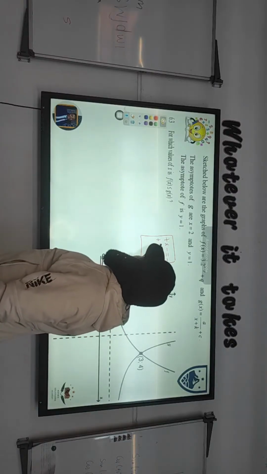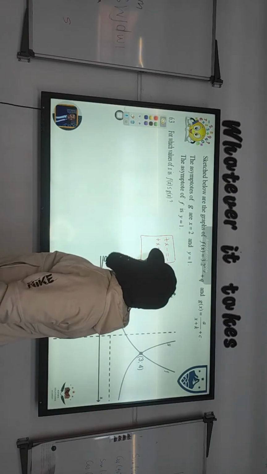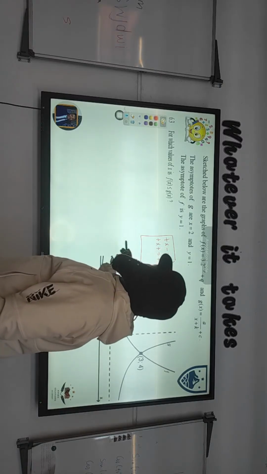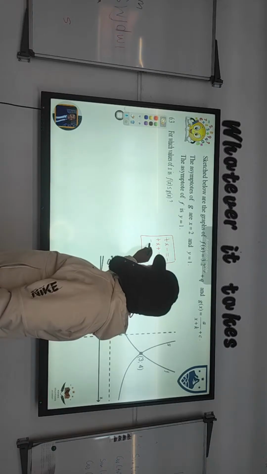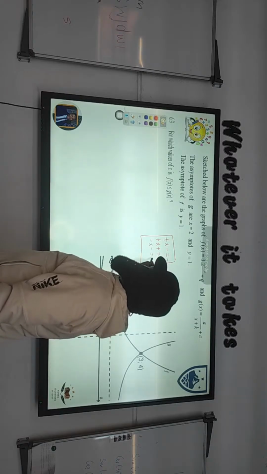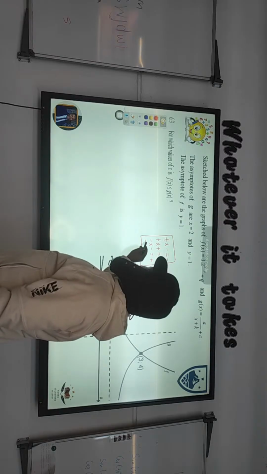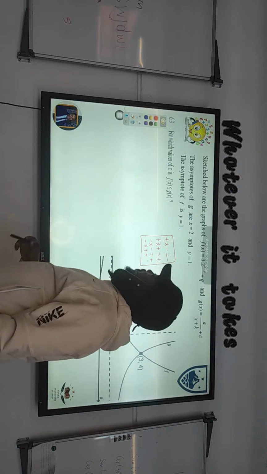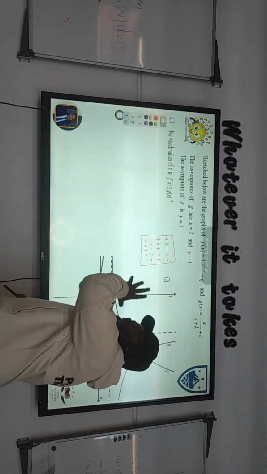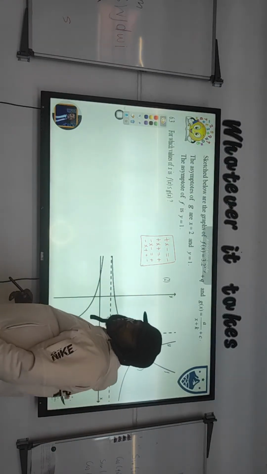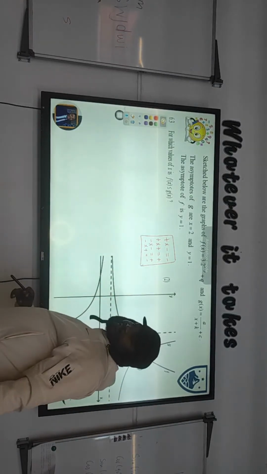A positive multiplied by a positive, it's a positive. And then a negative multiplied by a negative, it's a positive. And a negative multiplied by a positive is equal to a negative. Your knowledge of this will help you solve that.